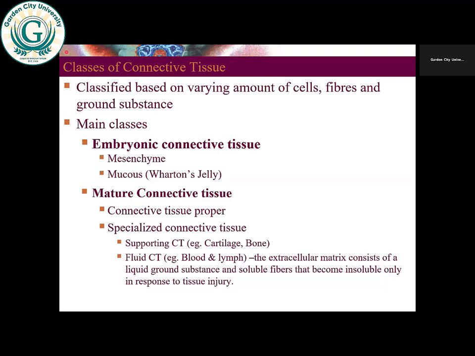We have embryonic connective tissue. Don't worry so much about the classification. I mean, no one's going to ask you those things. It's just for you to understand. I'm saying that because you may have different classifications. So we have the embryonic connective tissues, then connective tissue proper, then specialized connective tissue.